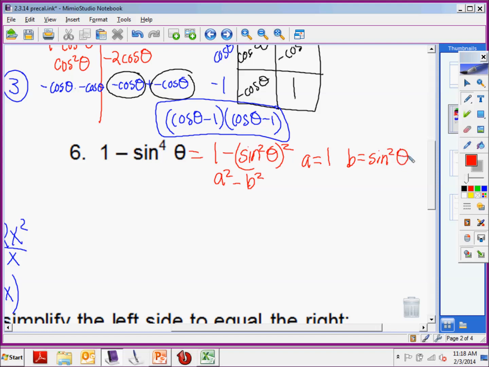Now I know a and I know b, so it's just a matter of substituting the values in. So I have 1 minus sine squared theta times 1 plus sine squared theta, because it's a minus b times a plus b.